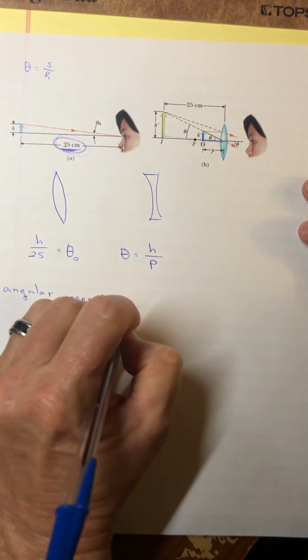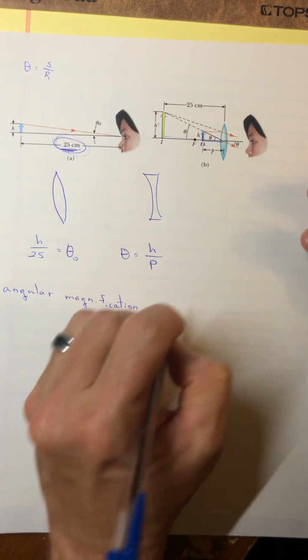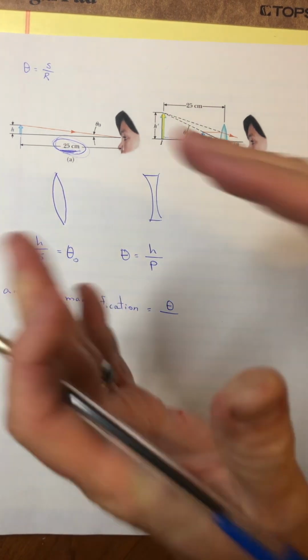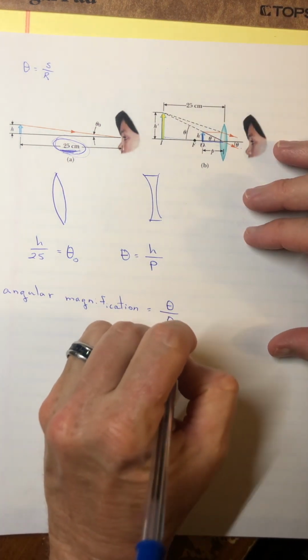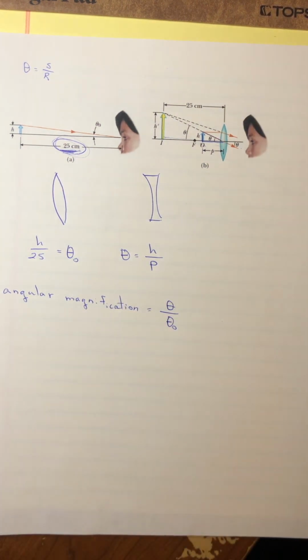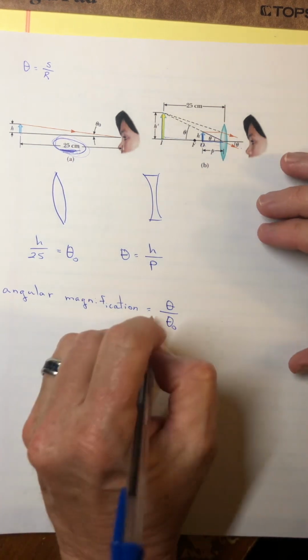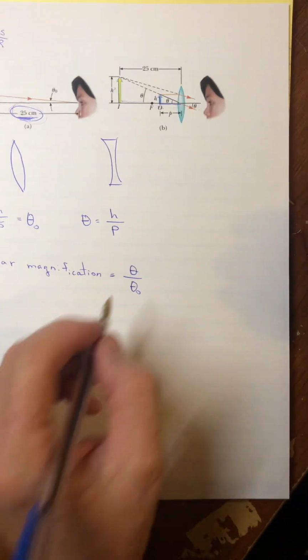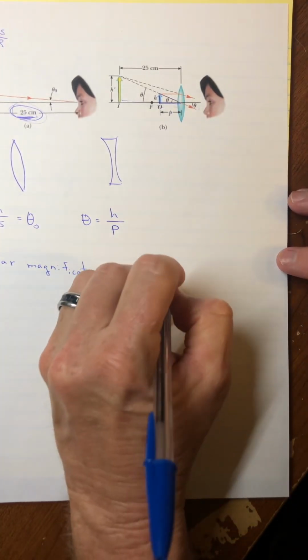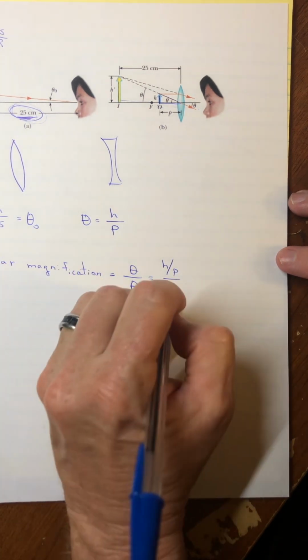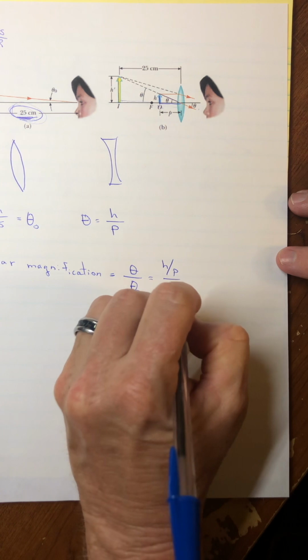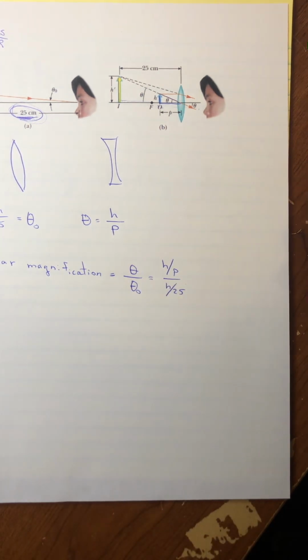But let's call this the angular magnification. How much better or bigger does it spread out now compared to what it did? And so it's an angular magnification. And so that would be this h over p divided by h over your near point. Again, call it 25.